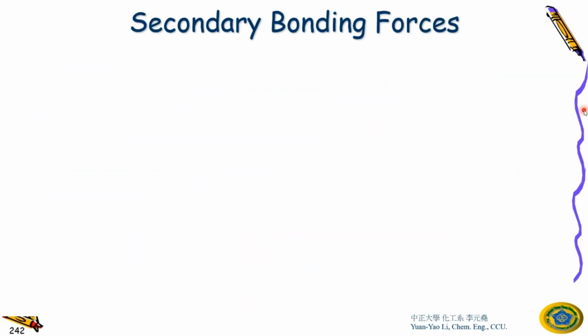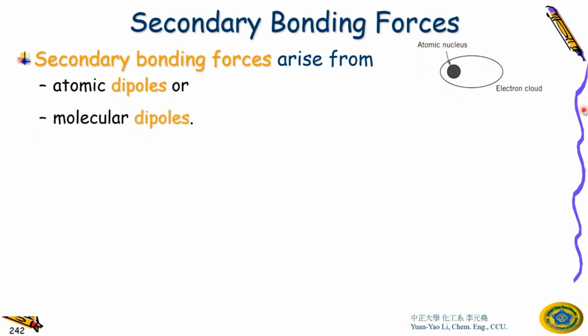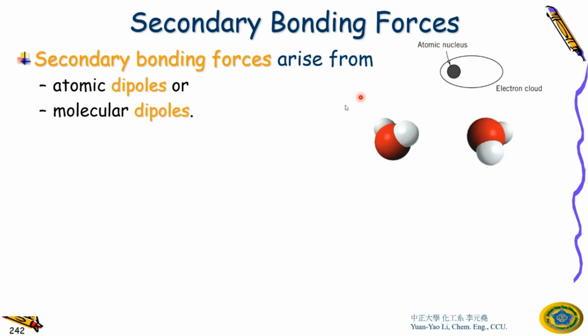Right, secondary bonding forces arise from what? I just told you: atomic dipoles or molecular dipoles, right? This is molecular. For example, this is H2O. This is H, this is O. So you have positive end, negative end, and between positive and negative there's a kind of attraction.